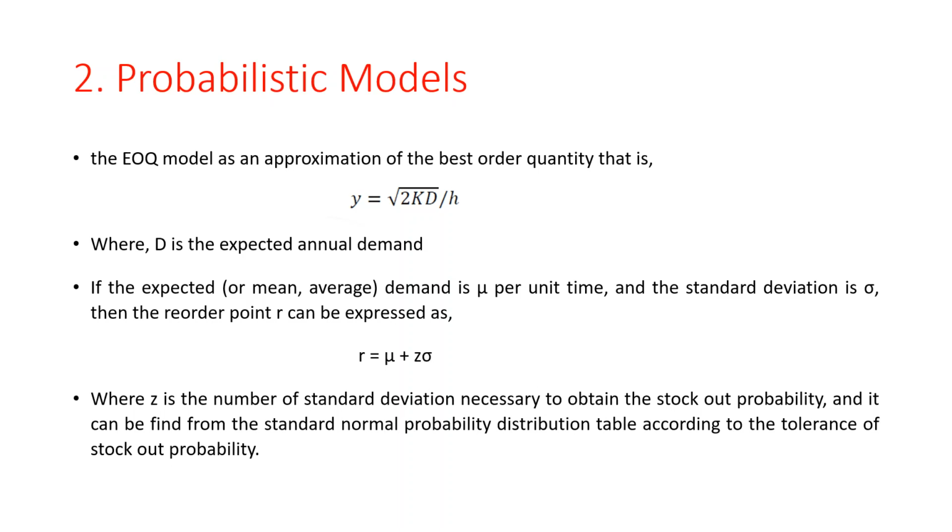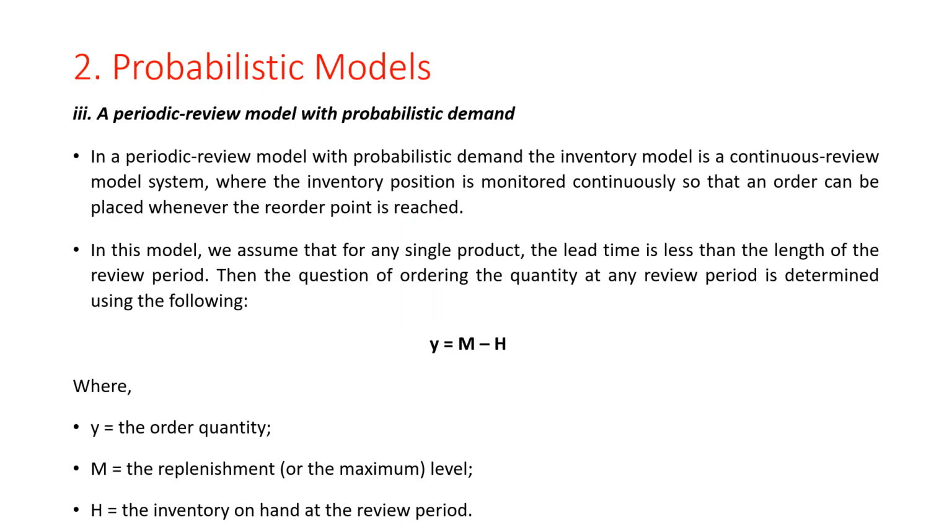Z is the number of standard deviations necessary to obtain the stock-out probability, and it can be found from the standard normal probability distribution table according to the tolerance of the stock-out probability. Then the third type is a periodic review model with probabilistic demand.